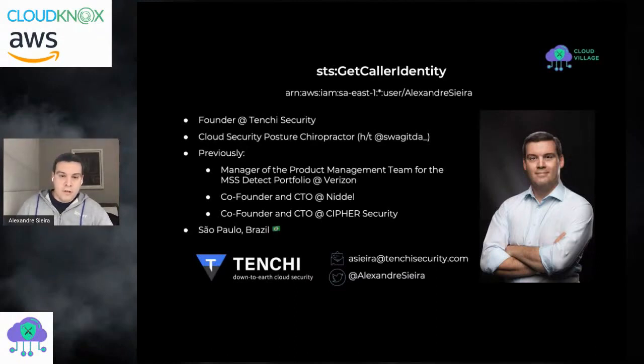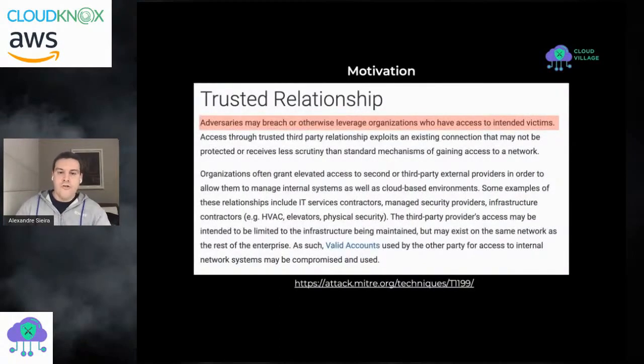So let's get started. Why should you care? Why should you be interested in learning more about cross-account access in AWS? The thing is, as the attack framework mentions, abusing a relationship that already exists between a vendor and a customer, or what's also known as supply chain attacks, can be a very effective way for an attacker to gain a foothold into an organization.